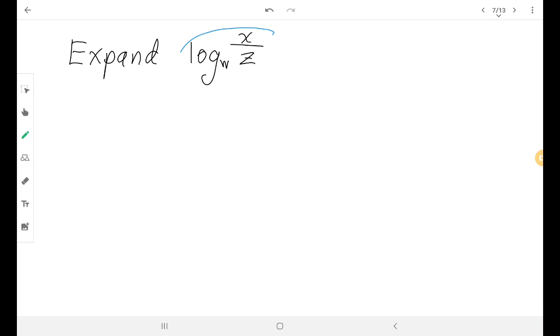Now let's expand one with all variables actually. This division expands into subtraction, so this will be log base W of x minus log base W of z.